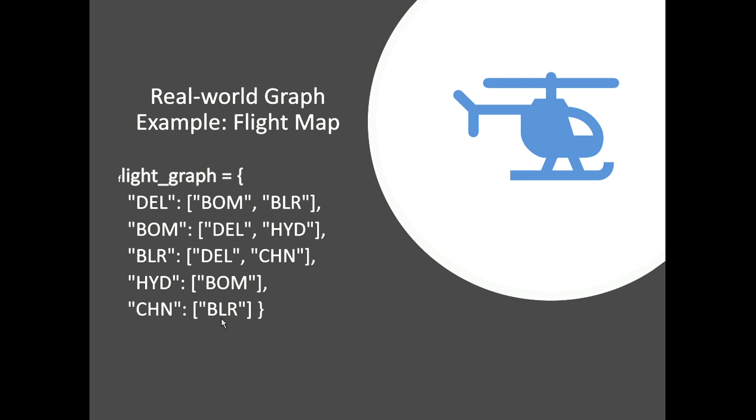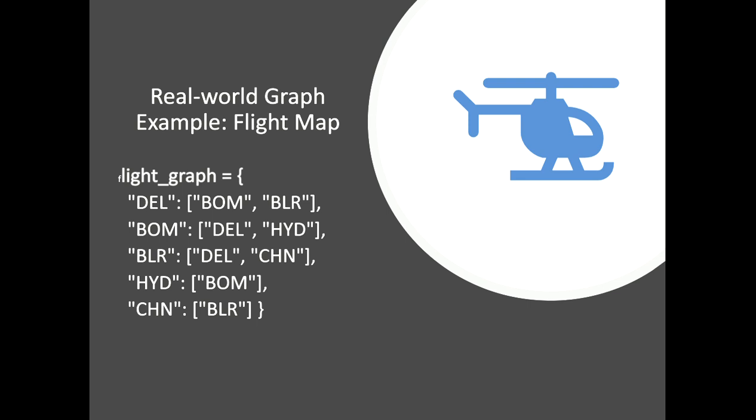So this is a graph adjacency list representation. This is used in Python applications like travel apps, airline route planners, logistics, networks, etc.